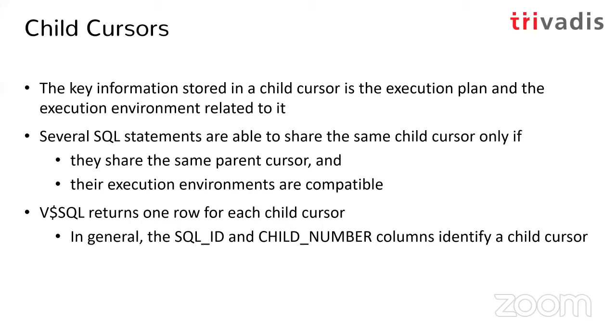The SQL ID will be the same because you are sharing the same parent cursor, and the child number is simply a numeric value which is incremented every time a new child cursor is used.